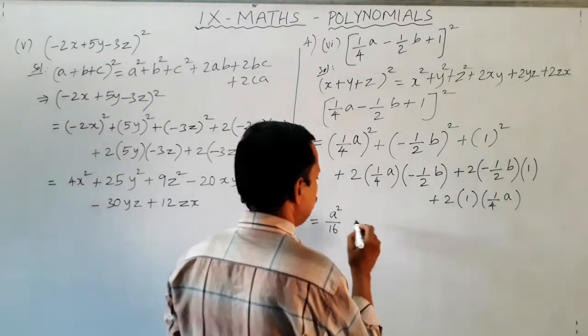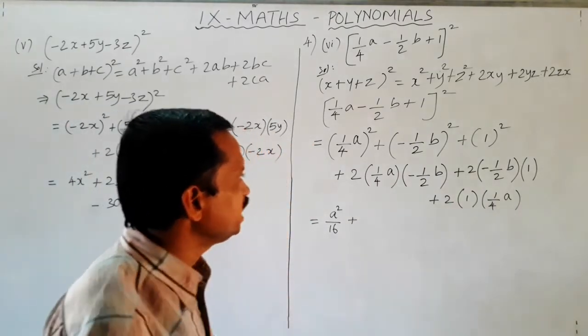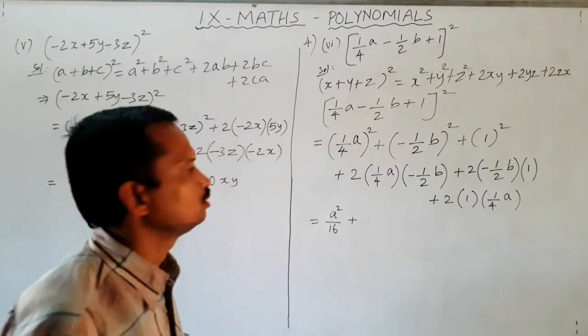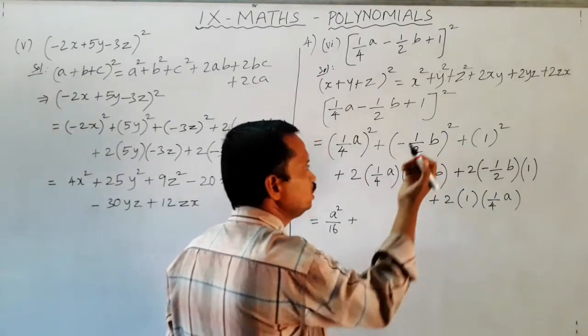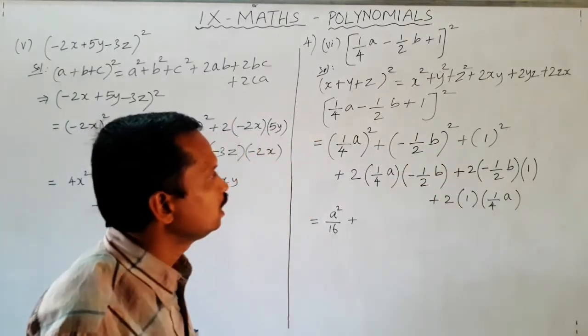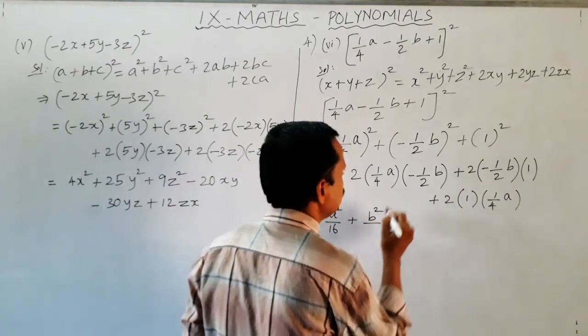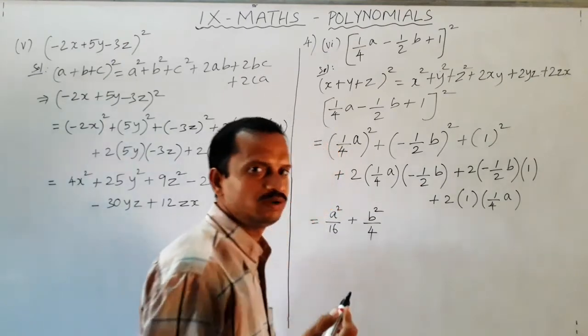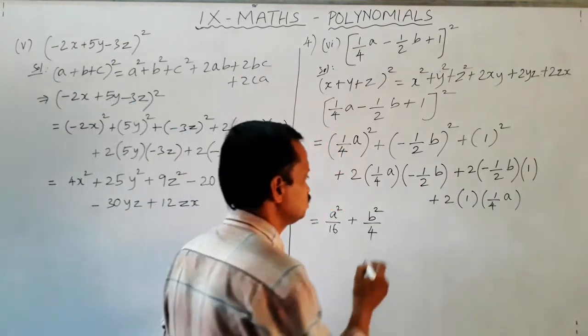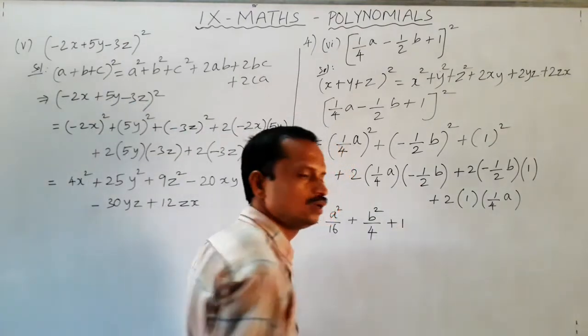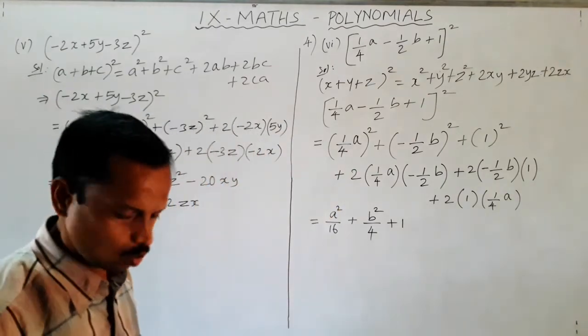And then plus. You see, minus becomes plus when you take the square. So plus 1 b, and 1, if you take the square, 1 only. So b square. 2, if you take the square, 4. And then plus 1 square is 1. Clear? 1 square becomes 1.